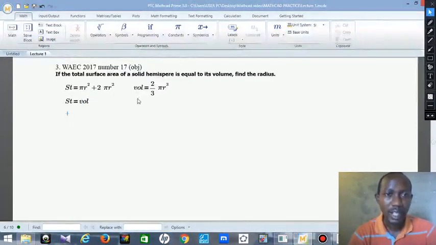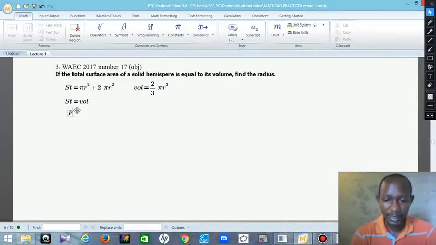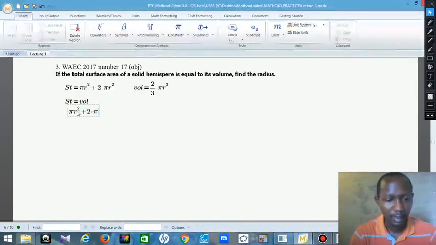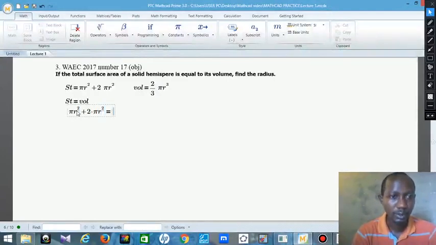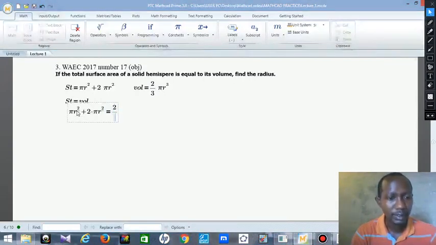So if both of them are equal, all I'm going to do now is I'll start saying pi r square with the total surface area, pi r square plus 2 pi r square to be equal to the volume, which is 2 over 3 pi r cube.